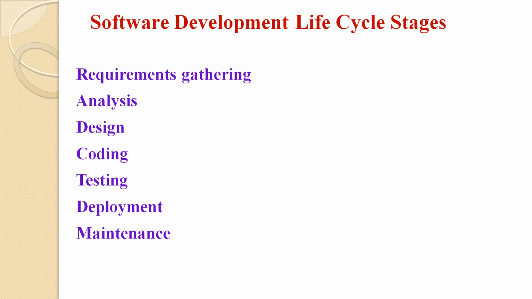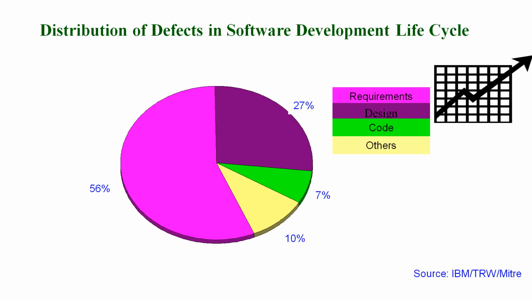Now see here. This is a pictorial representation of the percentage of defects present in different stages in software development life cycle. In the requirements gathering stage, 56% of the defects will be present. There are chances to have 56% of defects in the requirement stage itself.